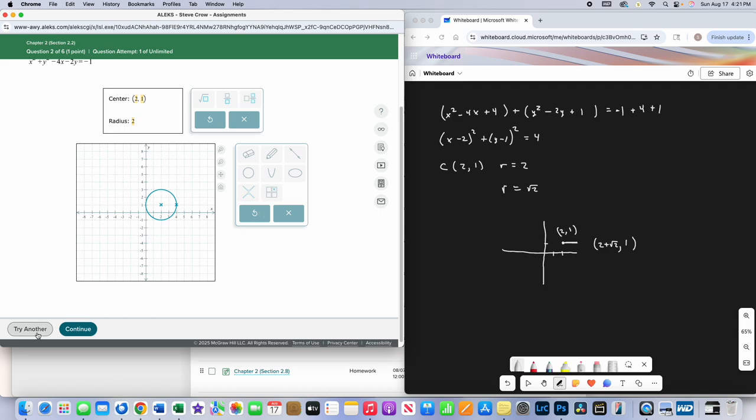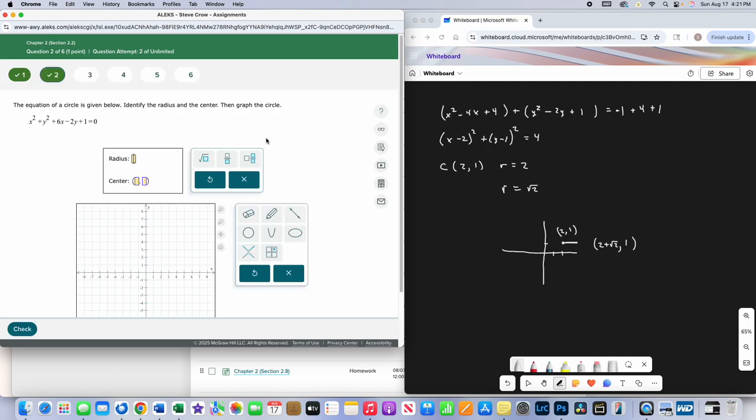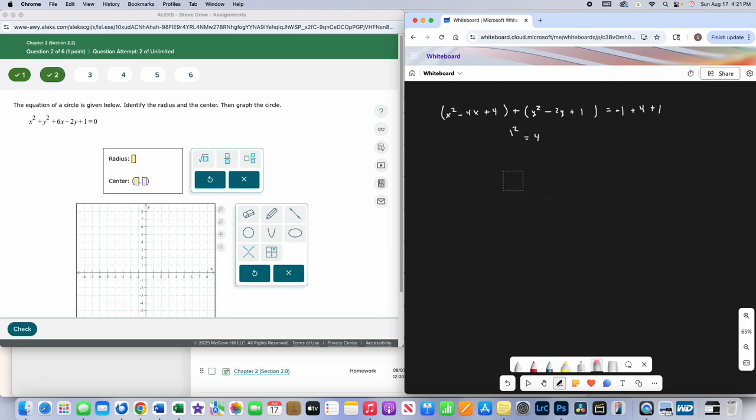Okay. Now, how would we go about doing that? I'm gonna just hit try another. Let's see, what would that be? I tell you what, let's work this problem. I think the radius is going to be a square root. Let's try it and see. You're gonna get a bonus problem here.